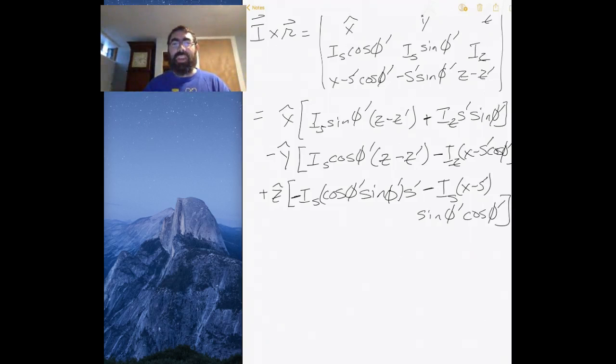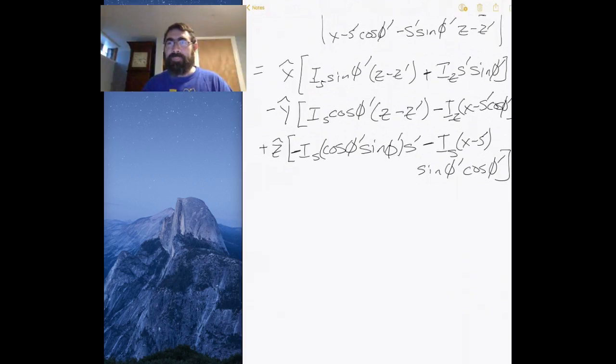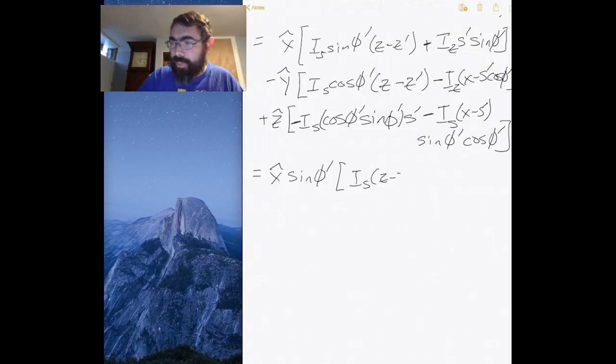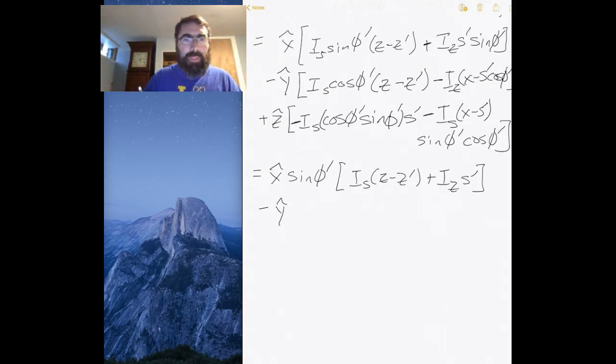Okay, so now we have all of those components. So what are we going to do with that? How are we going to clean this up? Well, what we could do is factor out some stuff. So I would have x sine phi prime i_s z minus z prime plus i_z s prime, minus y, and I'm actually going to leave the cosines there for a second.